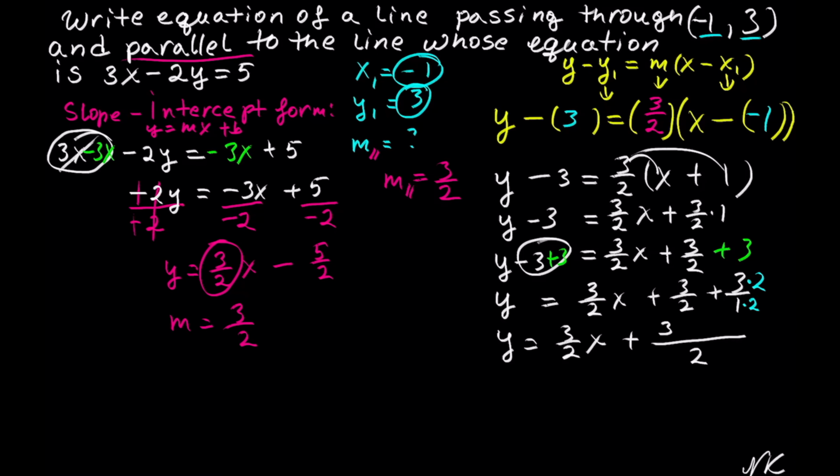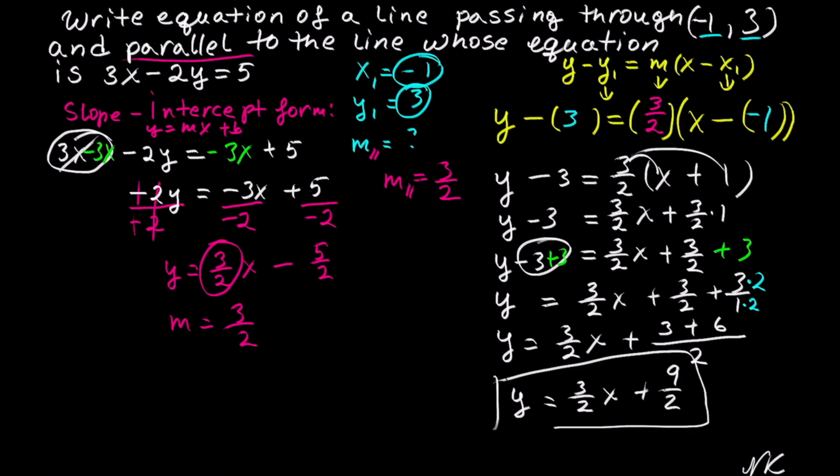We have 3 from the first fraction plus 3 times 2 is 6 from the second fraction. This will give us y equals 3 out of 2x plus 3 plus 6 is 9 out of 2. And this is our solution in slope-intercept form.